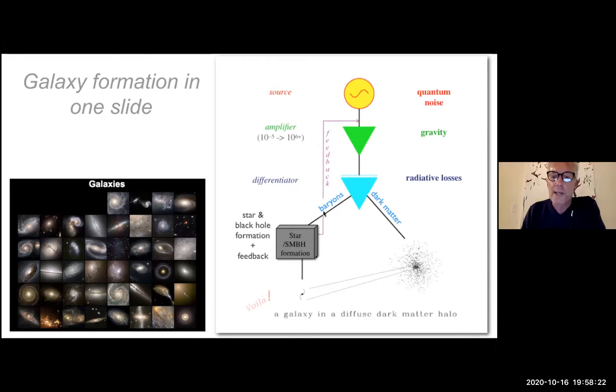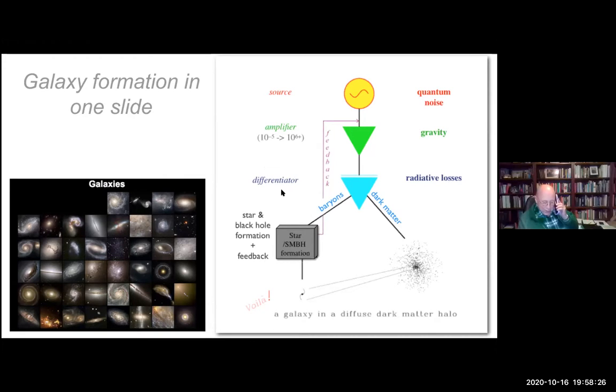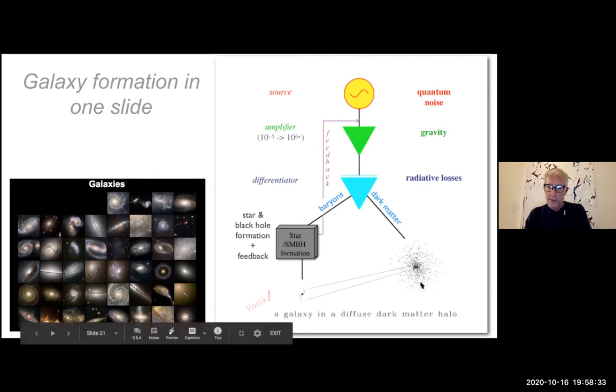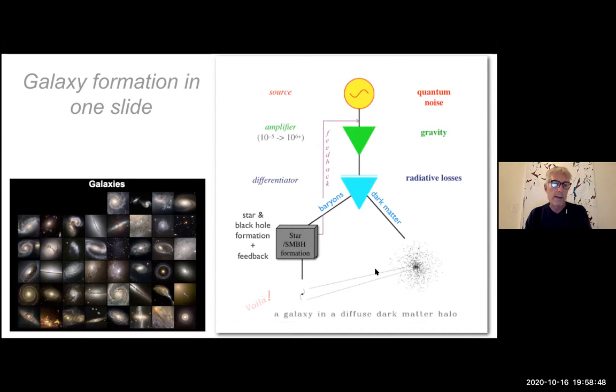The baryons can lose their binding energy and radiate it off into space, in the process collapsing down into the base of the dark matter halo, as it's called. So here's the dark matter halo. Inside that dark matter halo fall the baryons into this gray box of star and supermassive black hole formation. And at the end of the day, voila, you end up with the galaxy sitting at the core of this dark matter halo.